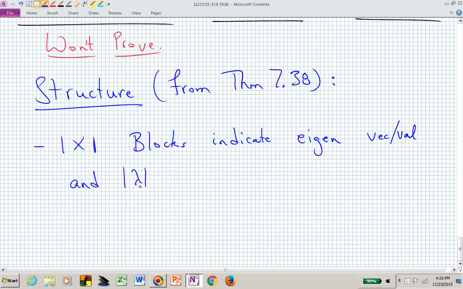And the magnitude of those eigenvalues for an isometry, if it's a 1-by-1 block, that's just 1.